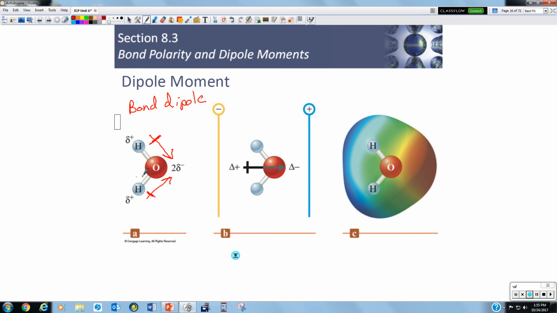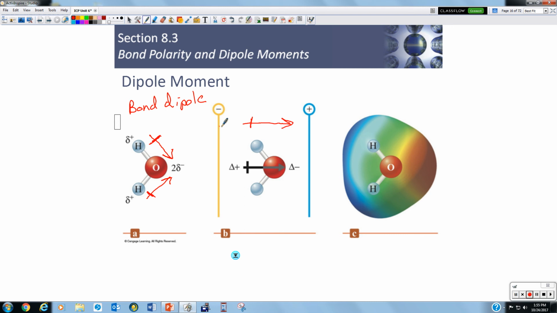Now, if we consider these to be vectors, or if we consider these two arrows to be additive, the overall dipole, and it might be hard to see on your copy, is a large dipole that points in general from the hydrogen side to the oxygen side.